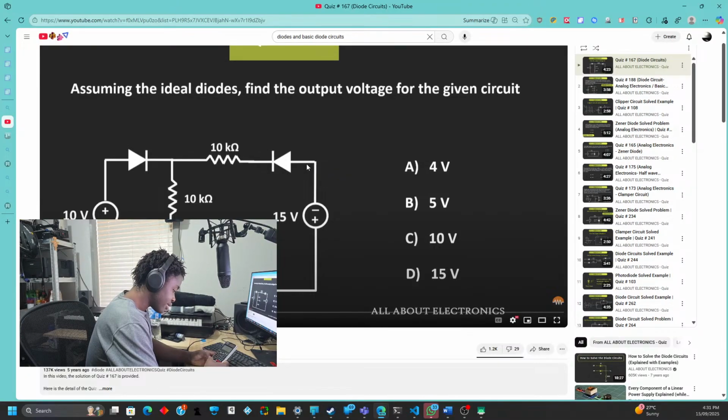So 10 divided by 20 over 3, that is the same as 3 over 2. So minus 3 over 2 plus 10 volts minus V1 over 10 ohms plus 10 over 20.